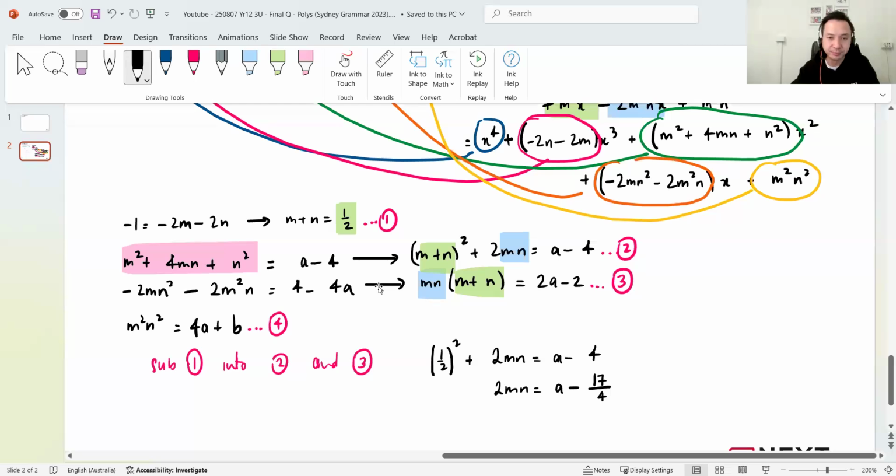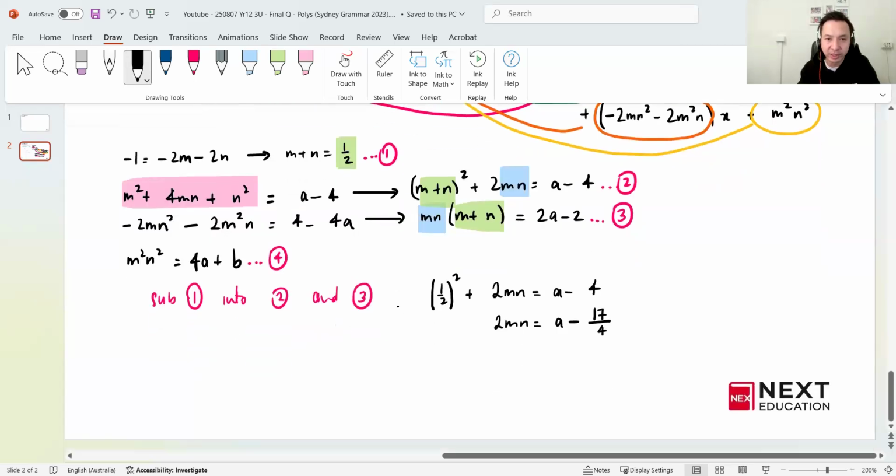Right, okay. And the other equation I get when I sub that into there, I get mn times a half equals to 2a minus 2. So then mn equals to 4a minus 4. Right, so that's equation number 5 and equation number 6.